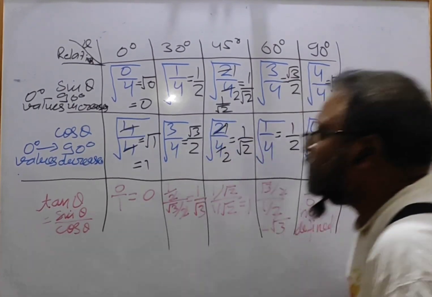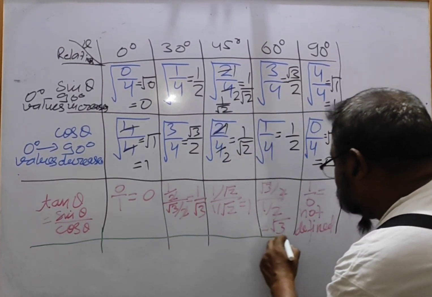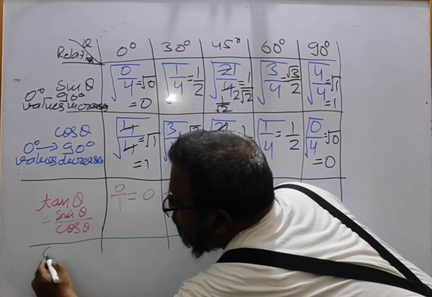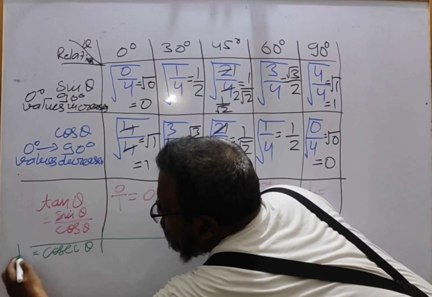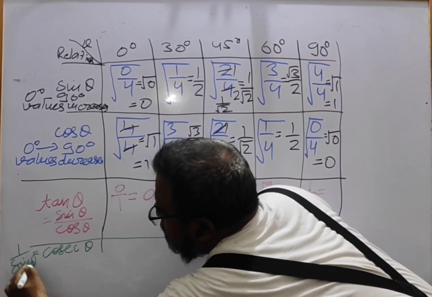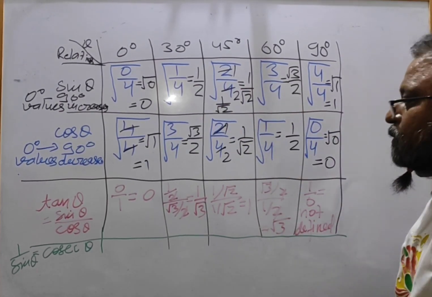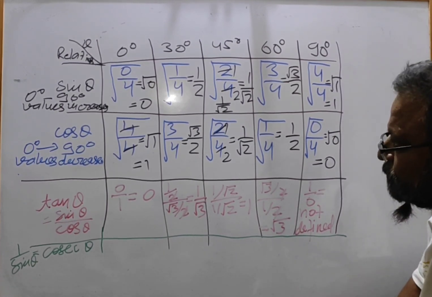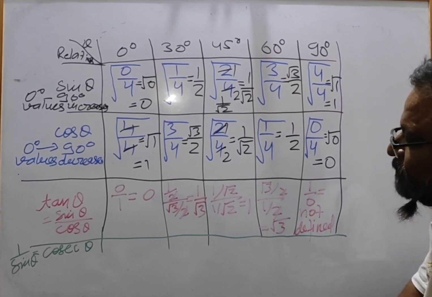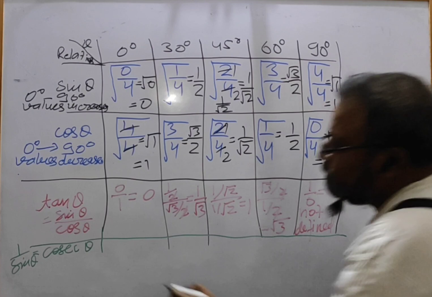Remaining ones are quite easy, nothing to be done in that. You have cosec theta. Cosec theta is the inverse, 1 upon sine theta. So 1 upon 0 is not defined.